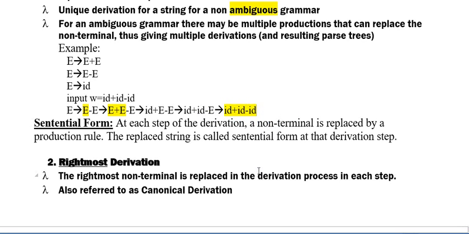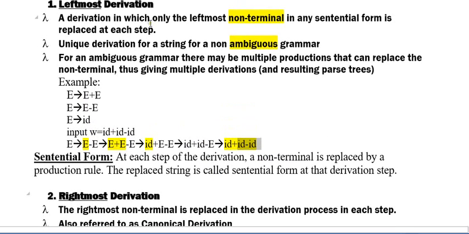So this is a left hand production because it moves from the left, because this E is in the left, then this production is in the left, then this id is also in the left, then moving on to the next, and we have the final result. So those works are done with the left side, so those are known as leftmost derivation.